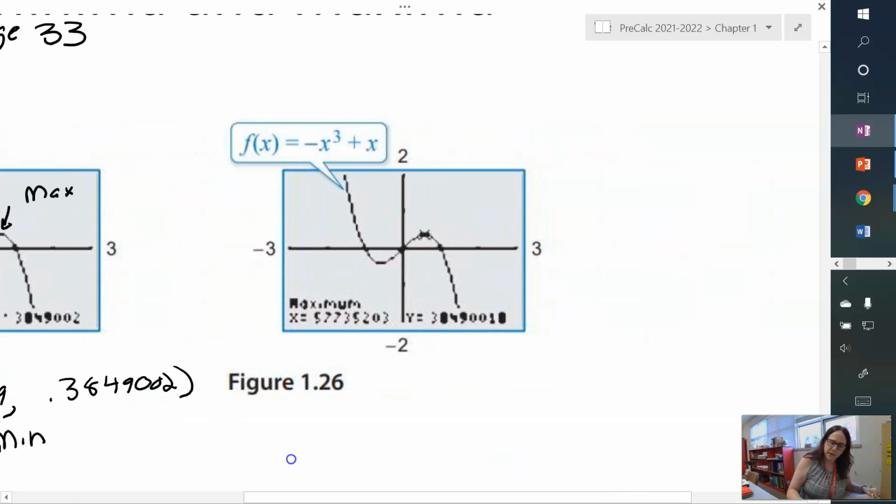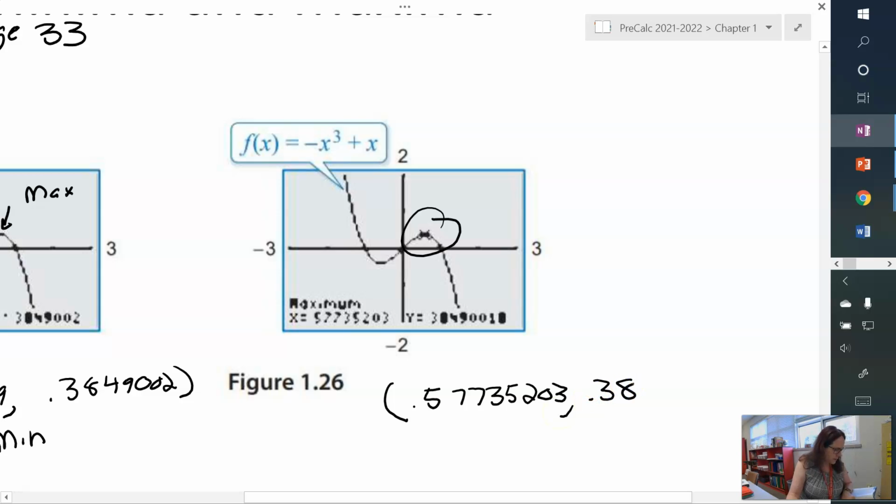Now over on my second picture, I have the same graph, but this time I'm looking at the maximum. And the coordinates there are 0.577, 0.5 I think, 7735203, and 0.38490018. So that one is your maximum.